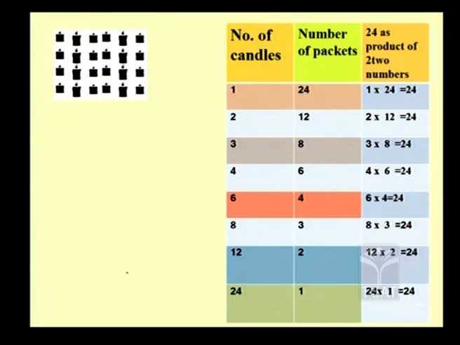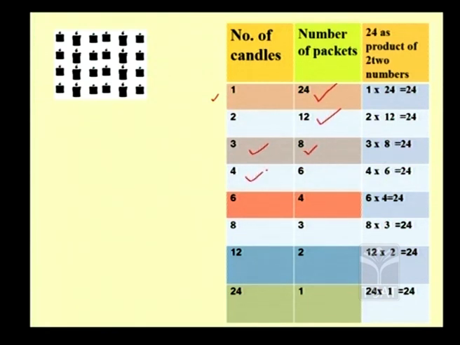Let us discuss. If we have to pack with one candle, we can make 24 packets, each having only one candle. When we have to pack with two candles, we can make 12 packets, 2 into 12, 24. And here we can pack with 3 candles, that is 8 packets.